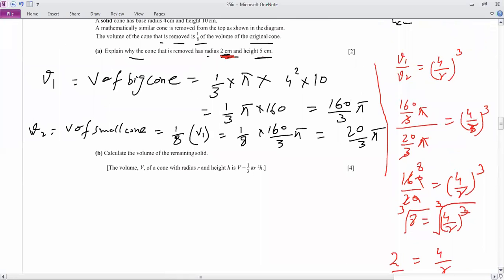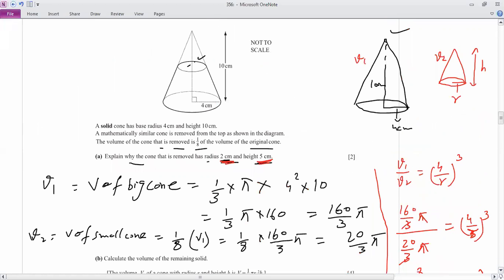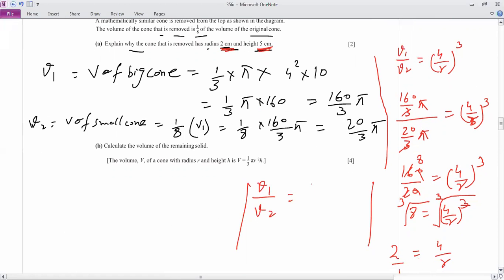After that, about the height, now you can use once again v1 over v2. Now take for the height, ratio of the height of the big one is 10, so 10 over h cube, because they are mathematically similar.